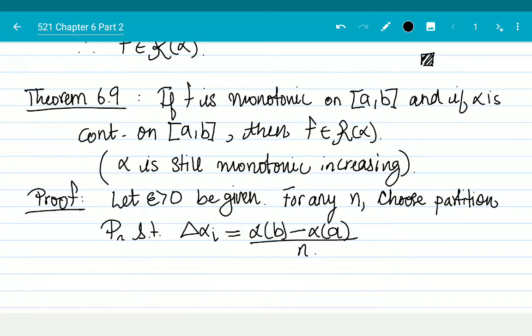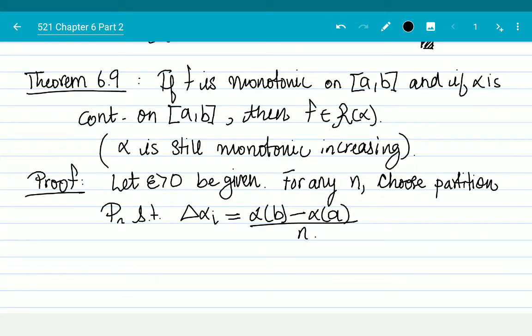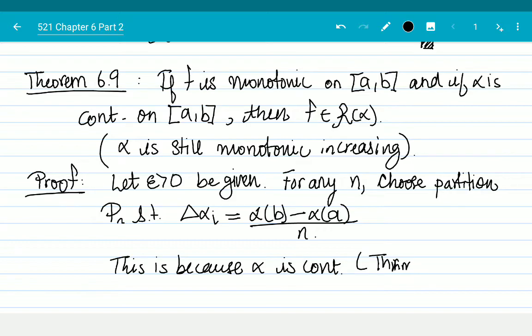Why can you do this? This is because alpha is continuous, and Theorem 4.23, the intermediate value theorem: every intermediate value is taken.